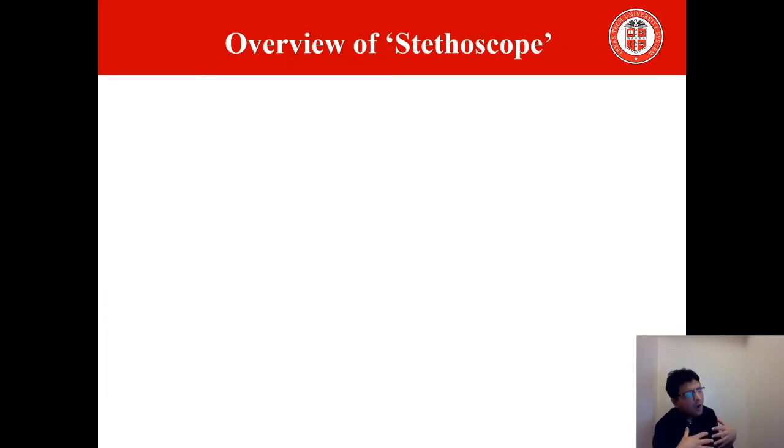So how are we going to listen to those heart sounds? That is why we have to talk about the instrument used by health professionals all around the world all the time, which is the stethoscope.